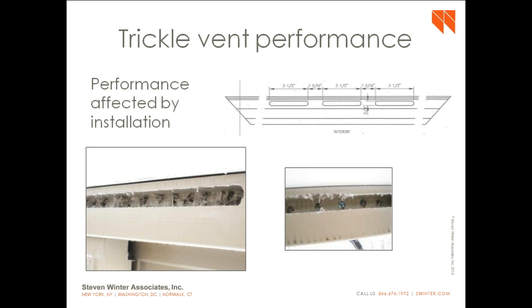So there's supposed to be a clear hole between the inside and outside, but you can see from these pictures that there's obviously not a clear hole between inside and outside. You can see light through some of these drill holes, but obviously there's a lot of fiberglass here in the way of airflow. So some of the trickle vents we test perform nowhere near their specification.